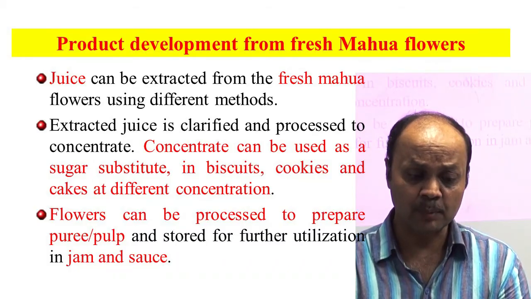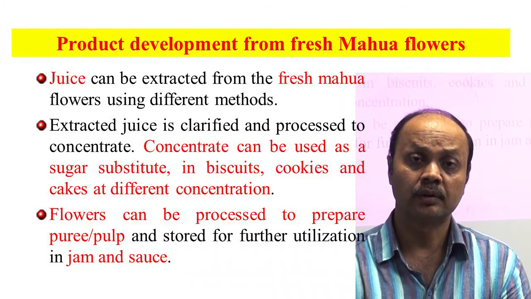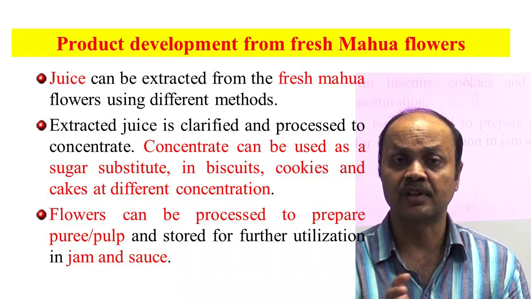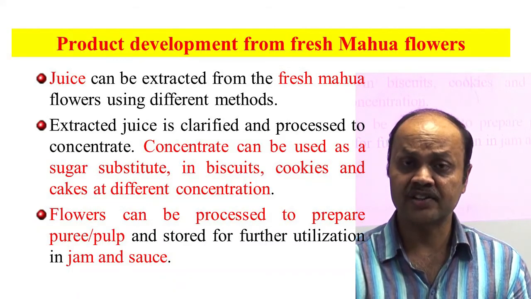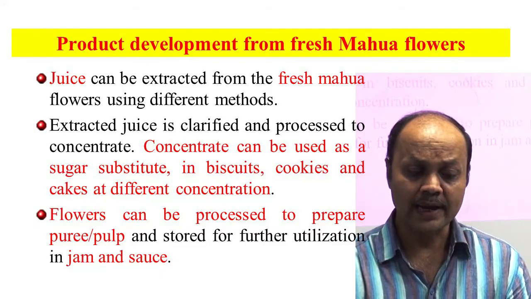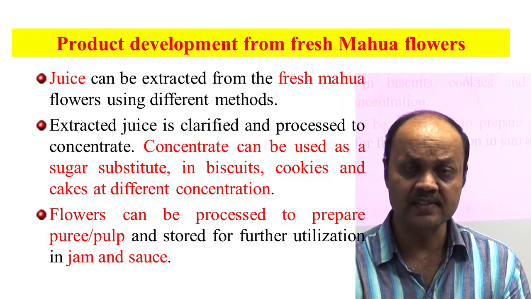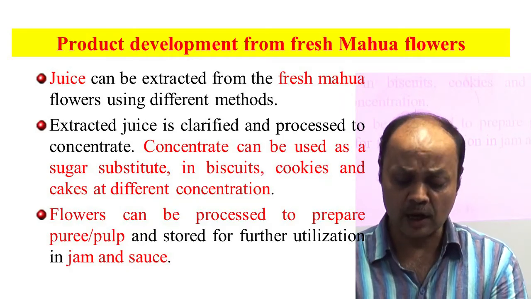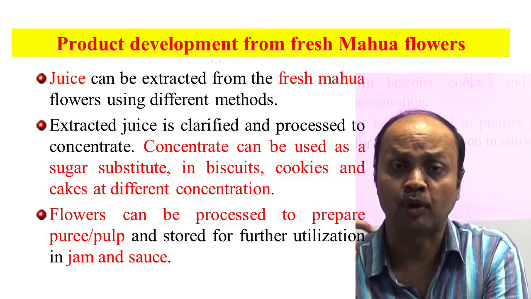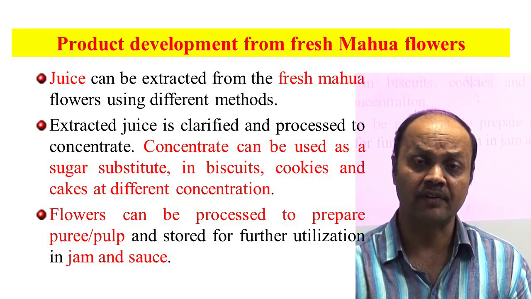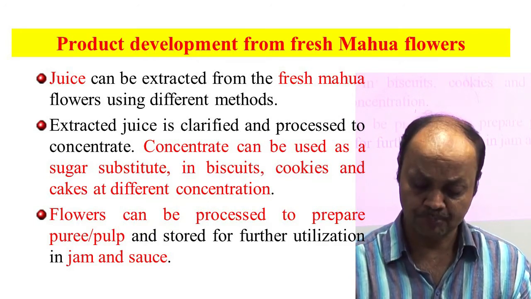Apart from that, they are removing the sugar, because as I told, around 67% sugar is there. People extract that sugar from the mahua and use it in biscuits, cookies and cakes. So a lot of potential is there. You have to think and put a lot of R&D effort into using mahua.